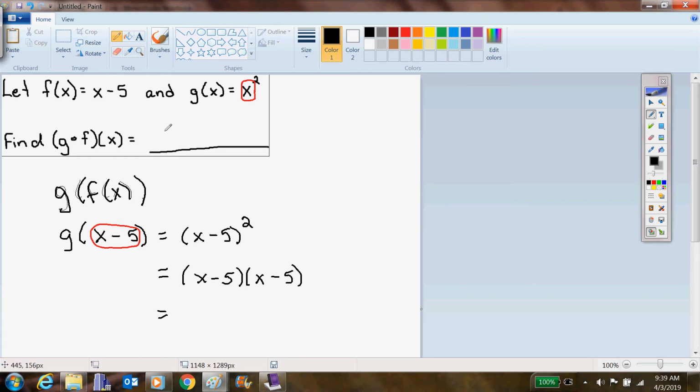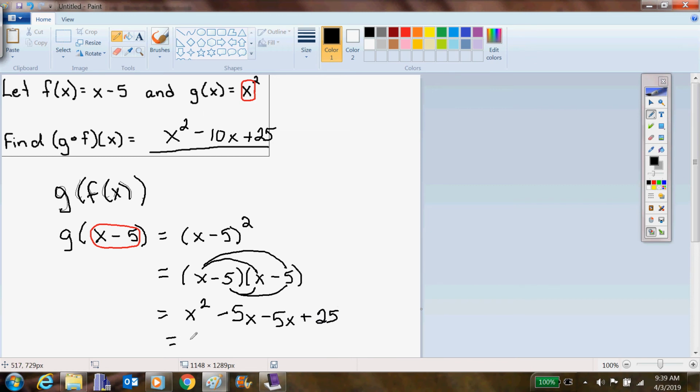But if you are able to just say, I know how squares work, I know that it's x squared minus 10x plus 25. That's a little better. But just for the sake of those that still need it, distribute everything in the first polynomial to everything in the second polynomial, and put your like terms together. x squared minus 10x plus 25. And then that's your final answer.